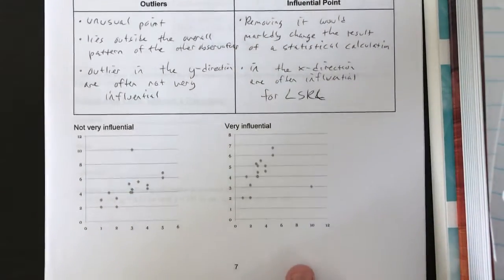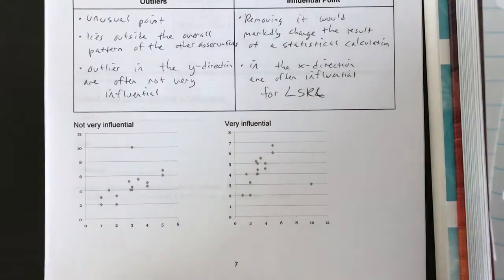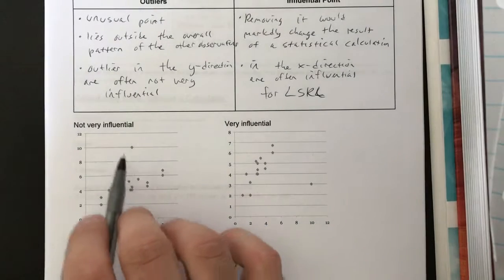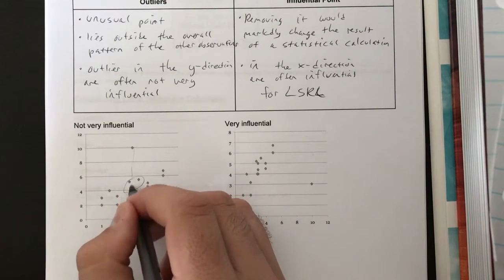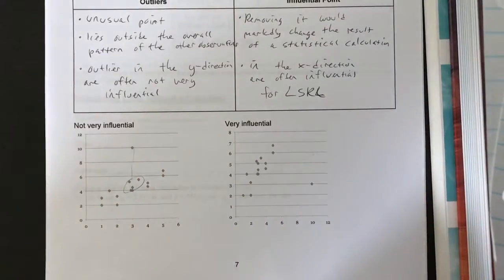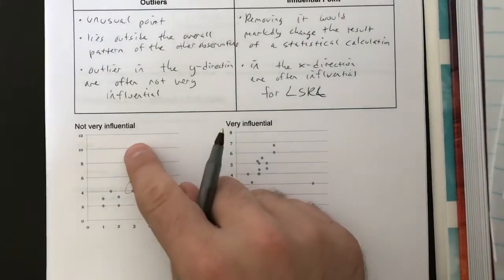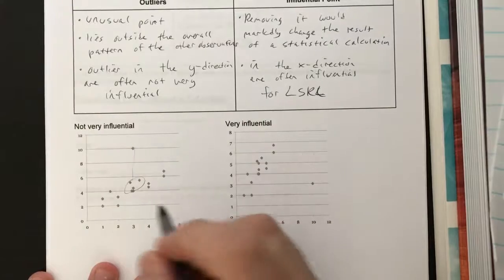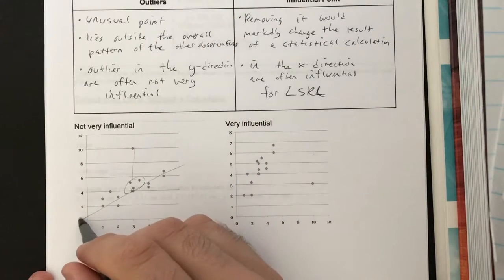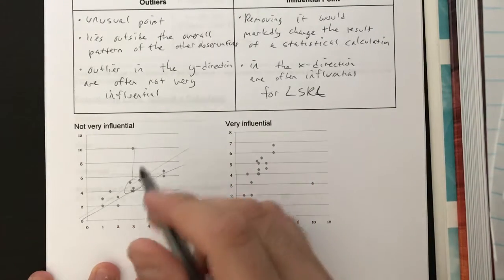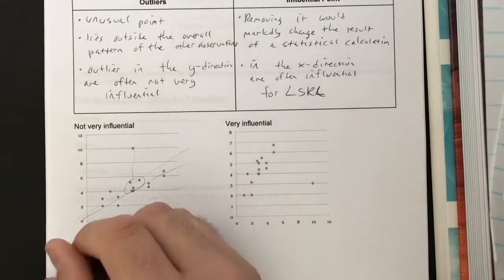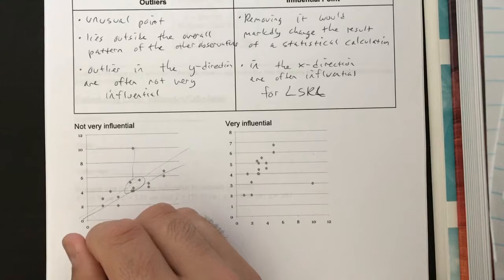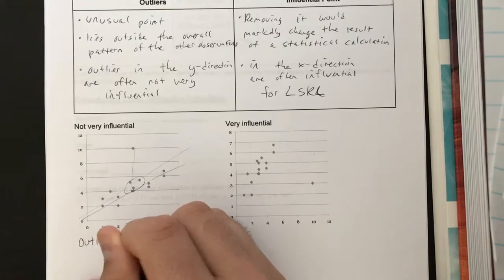And we'll look at a couple of examples here. This right here is a point that is an outlier. It's above the rest of the pattern here. But do you see how it's in the y direction and we got all this data underneath it? Since we have residuals already balanced out there, if I take this out or I put it in, the line maybe will go from here to maybe there. Not a whole lot of change. It still pulls it up a little bit, but it's not very influential. So the outlier we'll say is 3, 10.